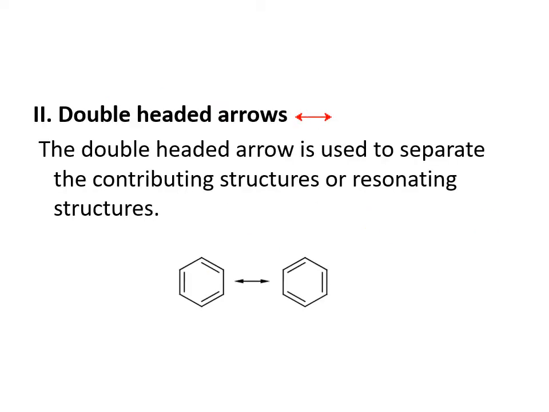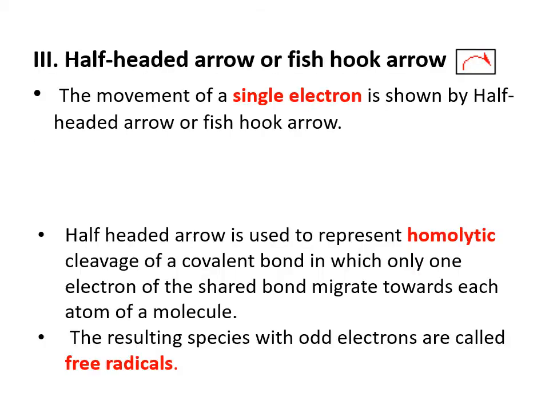Then double-headed arrows. Double-headed arrow is used to separate the contributing structures or the resonating structures. For example, in the case of benzene, the two Kekulé structures are written like this. And half-headed arrow or fishhook arrow is used to represent the movement of a single electron.